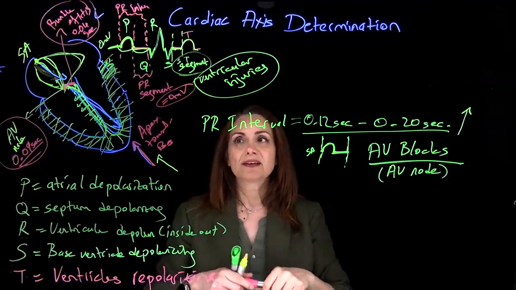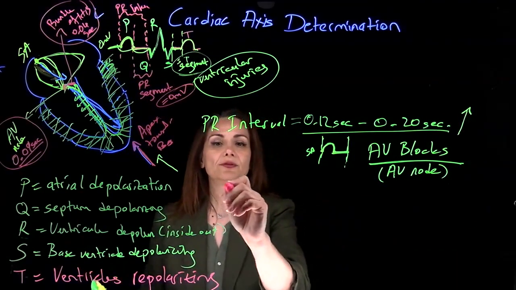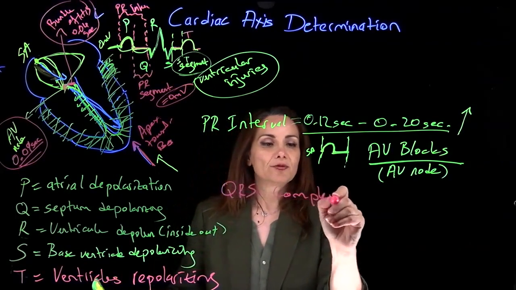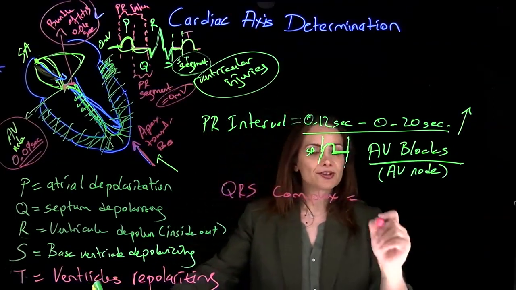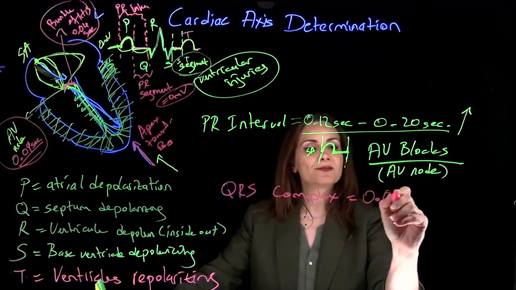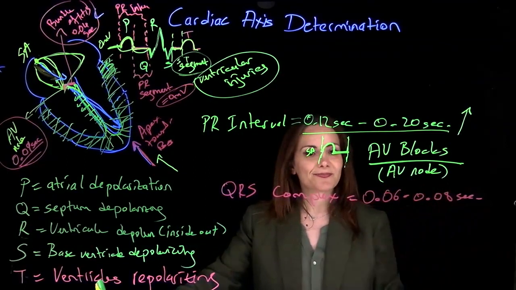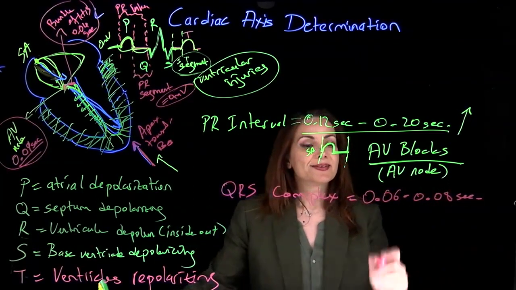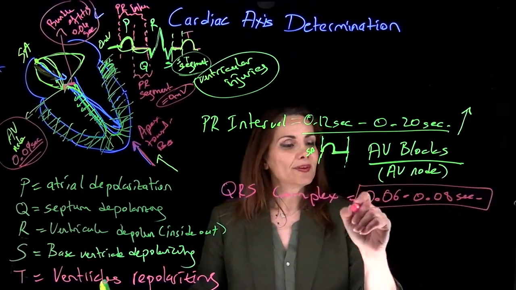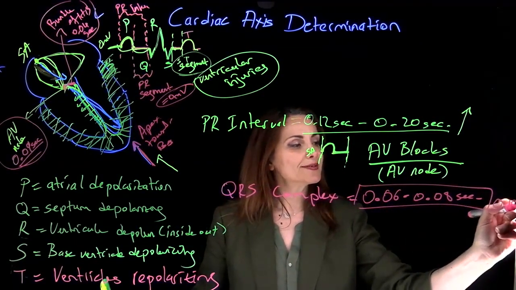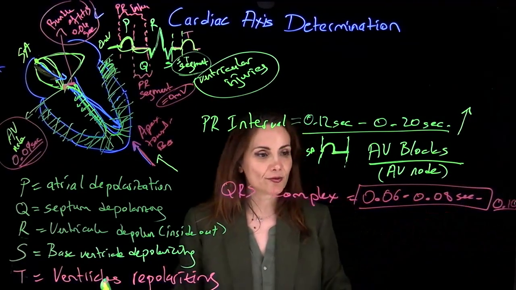Another thing that will give us a good clue is the QRS complex duration. The QRS complex duration in a normal person should be around 0.06 to 0.08 seconds. Okay, this is normal, but up to 0.10 seconds we still accept it as normal.